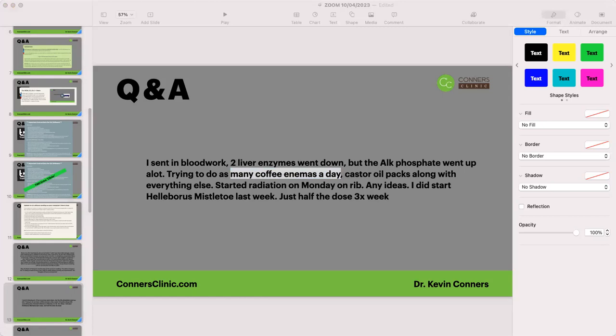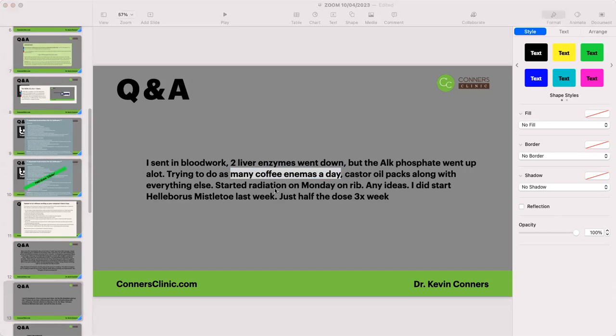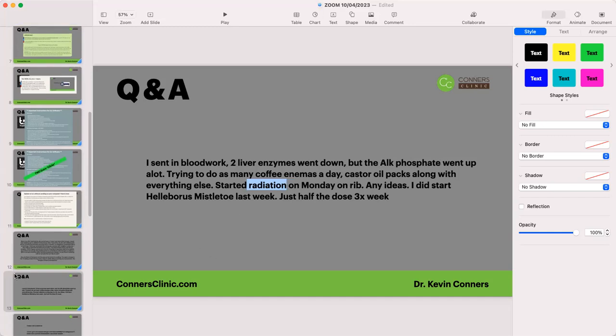The Helleborus is the second type that can be very beneficial if a person's doing radiation. So I'm glad that your doctor is doing well with that protocol. I'm not sure if the alkaline phos went up after the radiation or not. It's going to be interesting to see how radiation therapy changes the alkaline phosphatase levels.